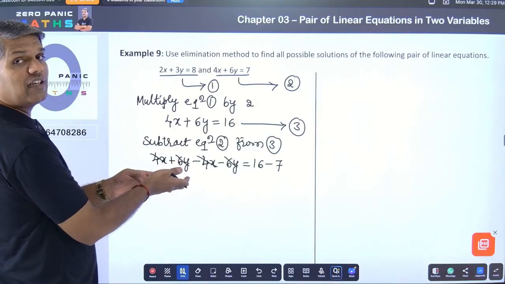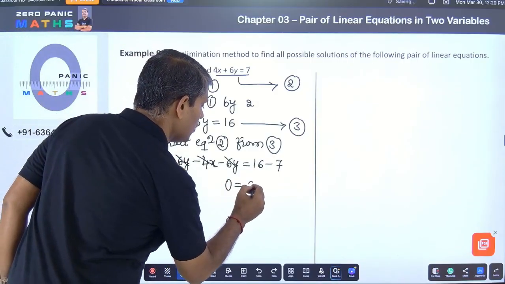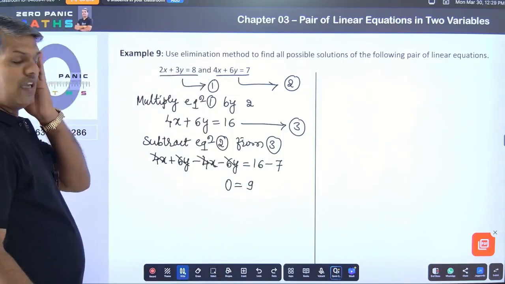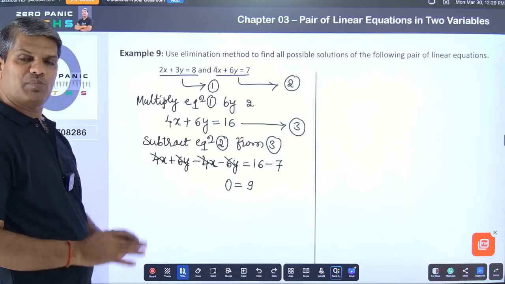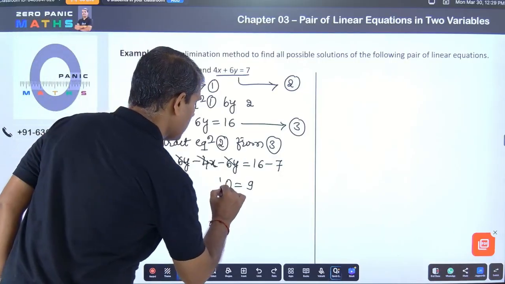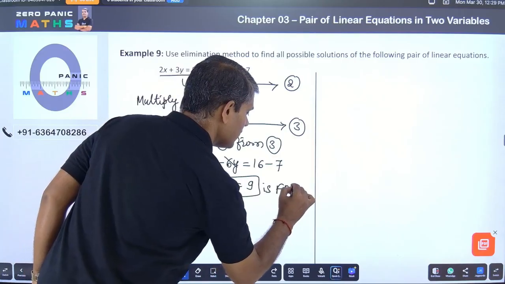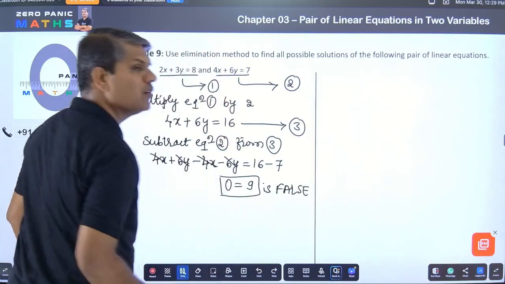What remained on the right hand side is 0 equal to 9. 16 minus 7 is 9, so 0 equals 9. Is this a mathematically true equation? No. So this is false. 0 is equal to 9 is false.